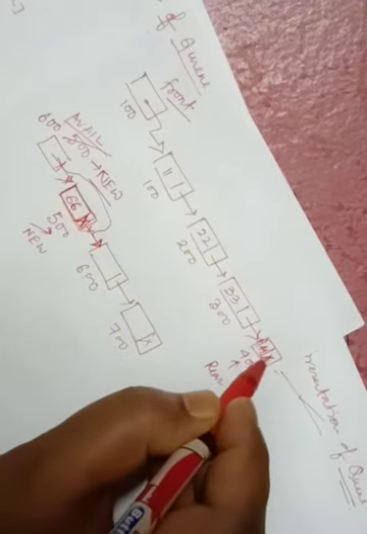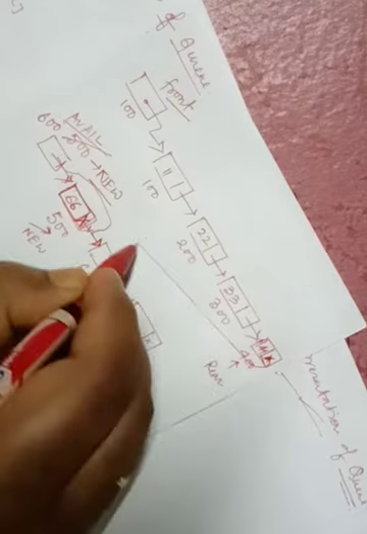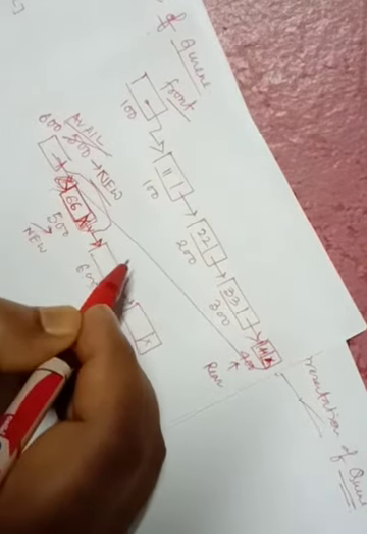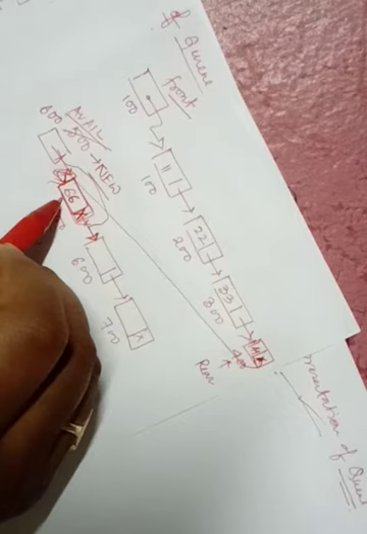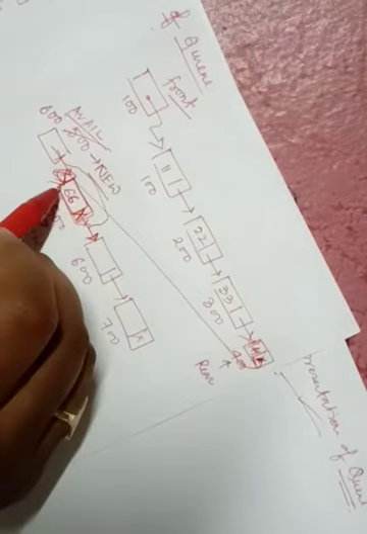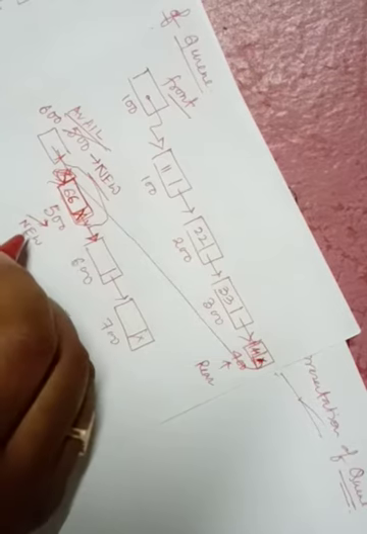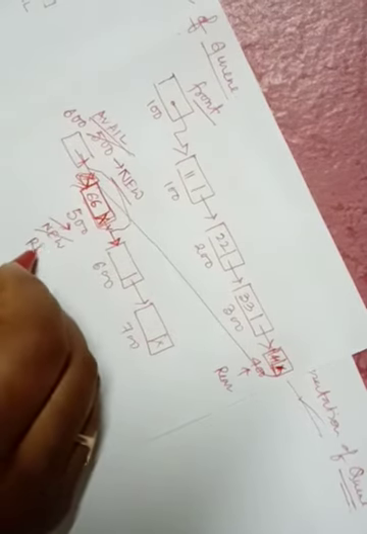There you see that the link of rear is the link part pointing to new. So now it points to this node, isn't it? Link of rear equal to new and rear equal to new. Now this new will become the rear.